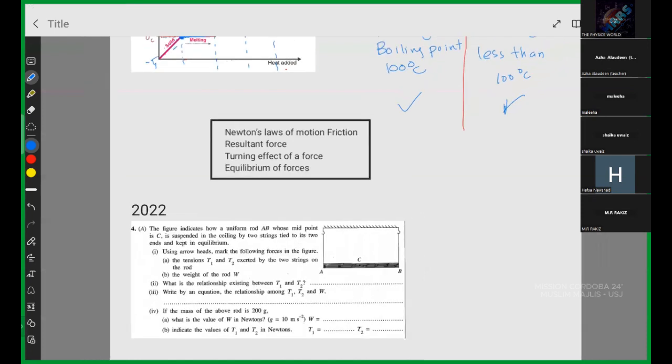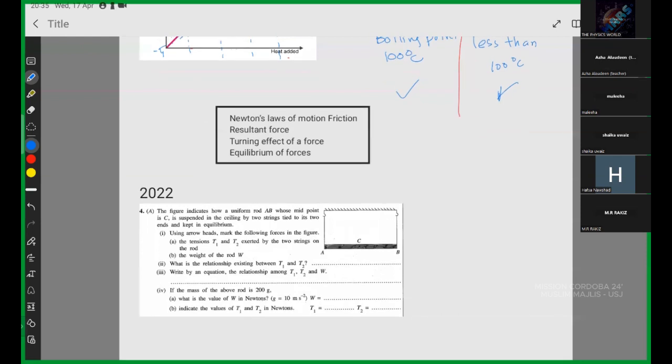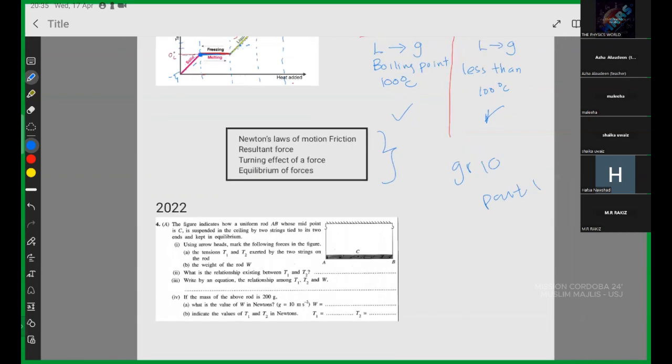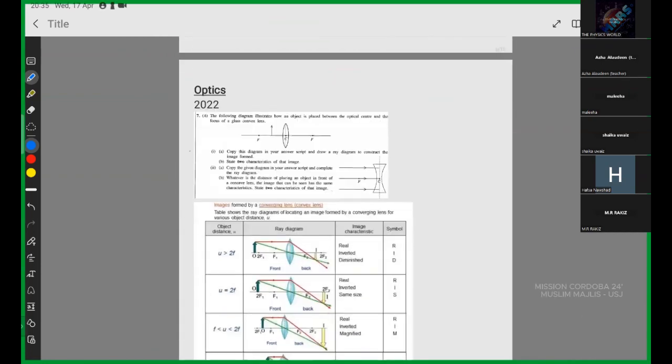Actually, I thought of discussing your grade 10, part 1 lesson, and you have all these units. All these units come in a combination for a question. So I thought of discussing that. And then the optics.